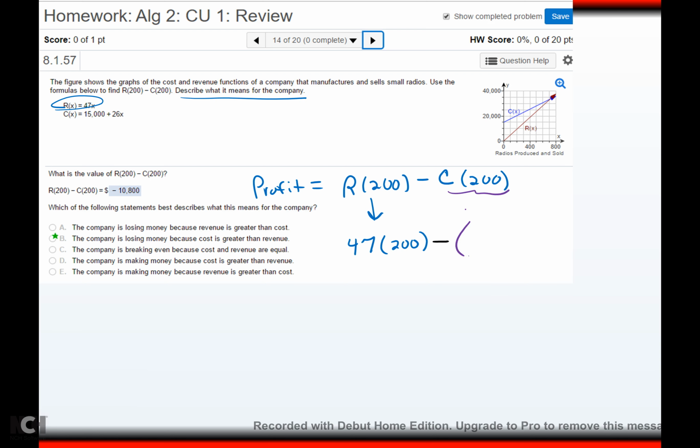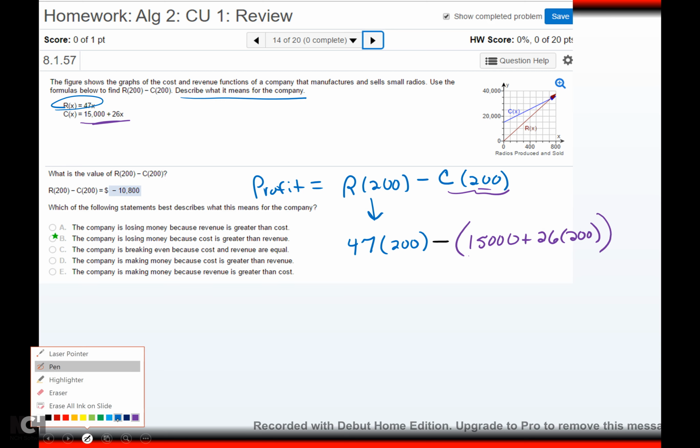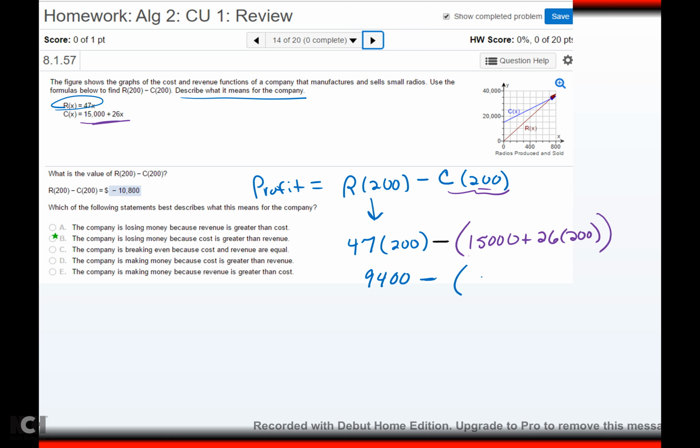I'm going to use parentheses because I'm subtracting it, and if there's more than one thing, I'm going to get in trouble. The C function says take 15,000 and add 26 times your x, which I'm going to change to 200. So now if I simplify that, 47 times 200 is 9,400 minus parentheses, that is 15,000 plus 26 times 200, which is 5,200.